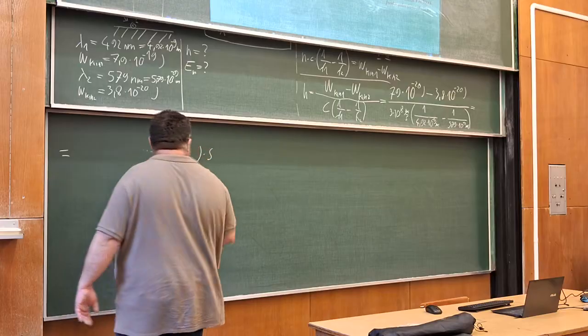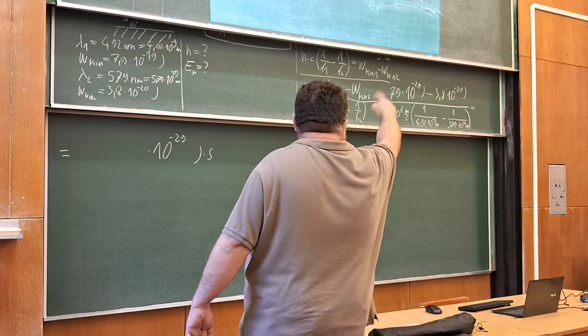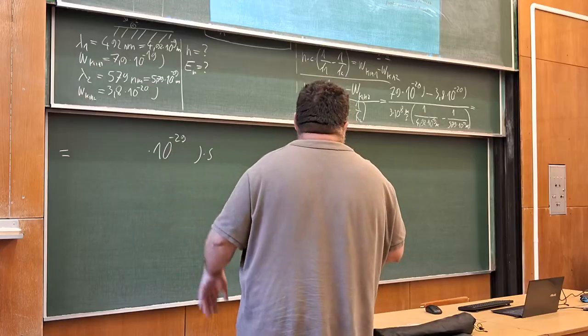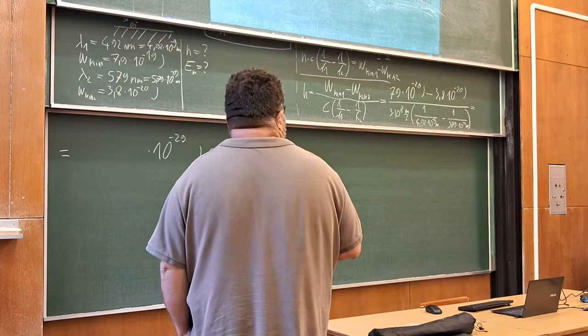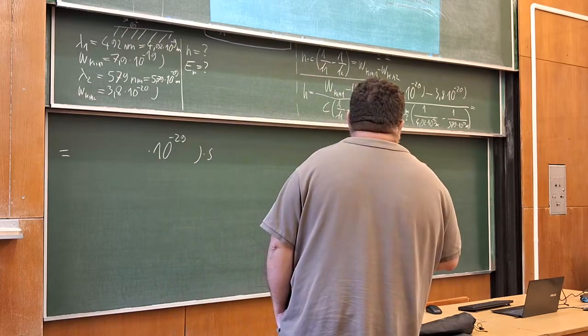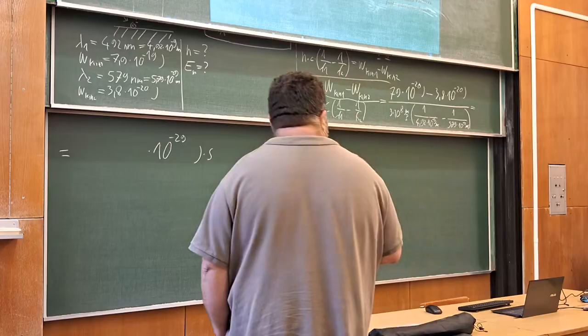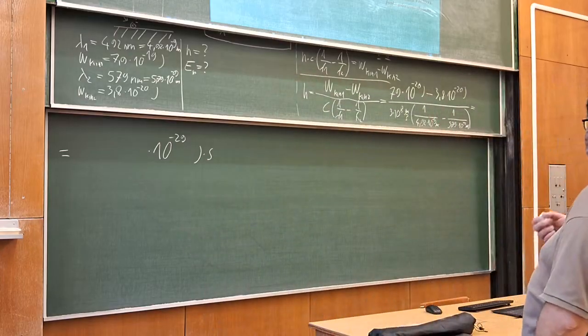This is the order, because that's minus 9, that will be plus 9, and then divide, so it's okay. Oh, I forgot something. Yes, I forgot something. 20. Oh. This is interesting.